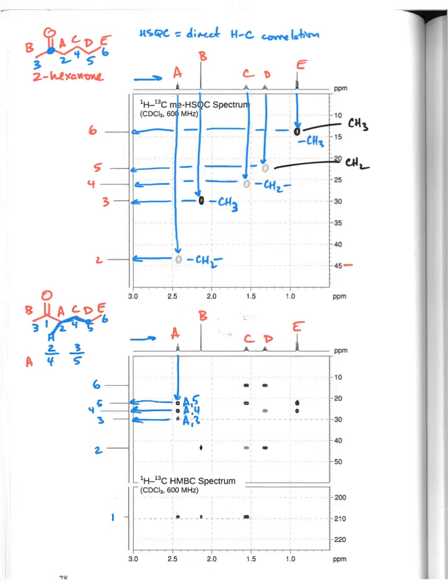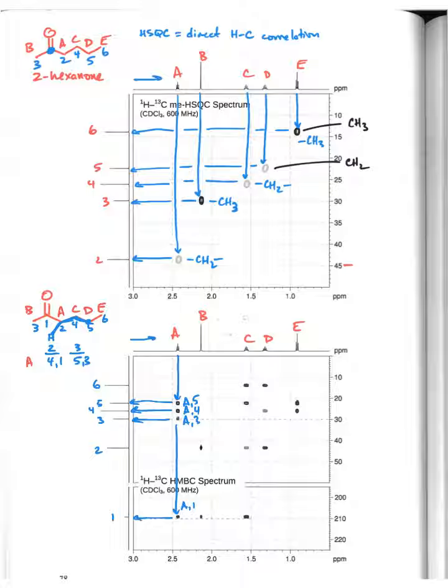That's going to be a 3-bond correlation. And going further down, it sees 1. So A1, that is a 2-bond. So what we're doing is basically mapping out all these different relationships.